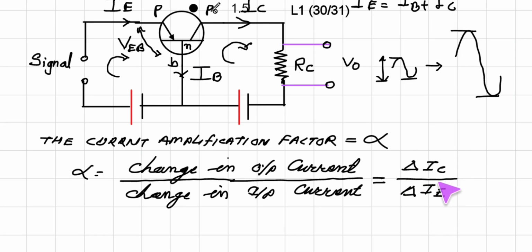But remember that this change is at constant collector base voltage. So if you are increasing the input signal and observing how much amplification there is, you need to keep this constant, as we already saw in the analogy. So remember that it is happening at constant VCB.